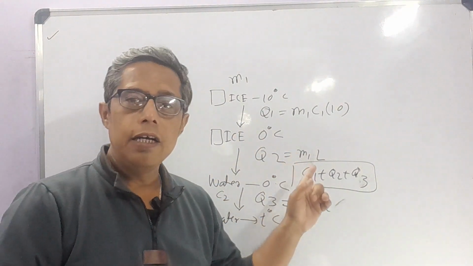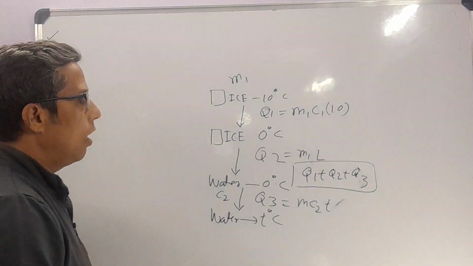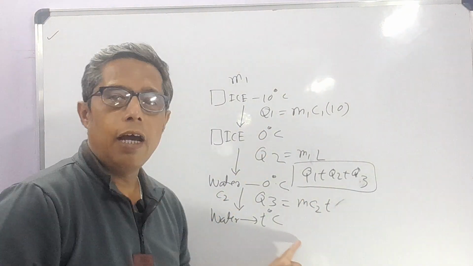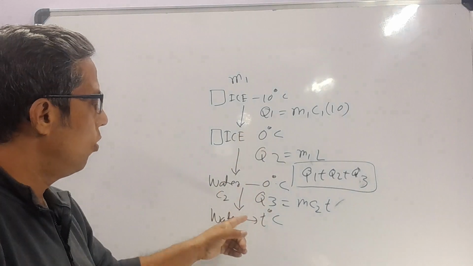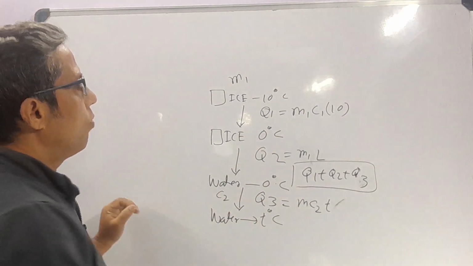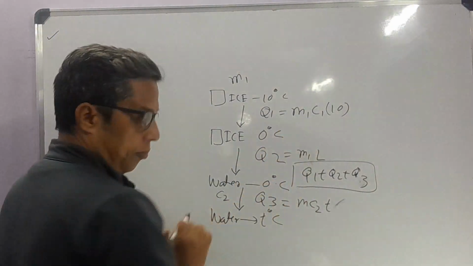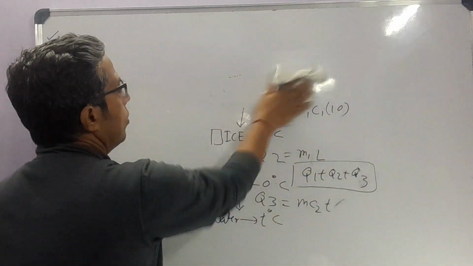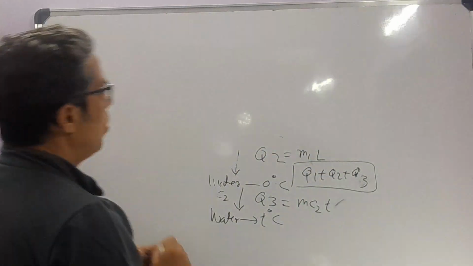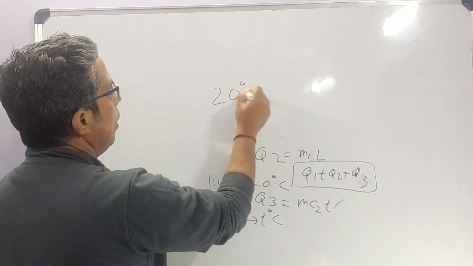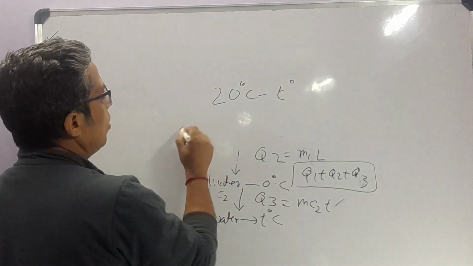The water at 20 degree is going to supply it. So this you have to calculate. Now this will be equal to the heat from the water. We have seen that water is going from 20 degree to T degree. Let's say the mass of water is M2.